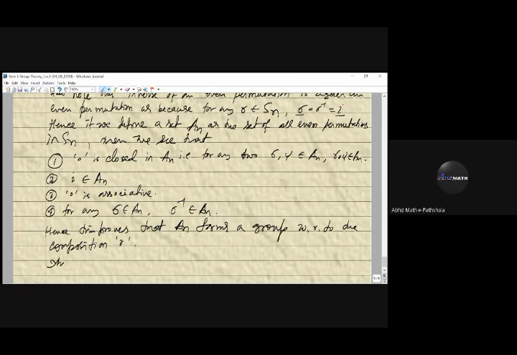This group An is called the alternating group of order n.